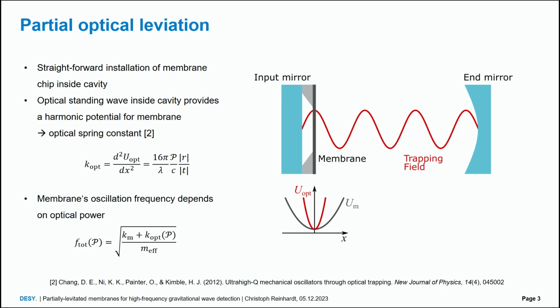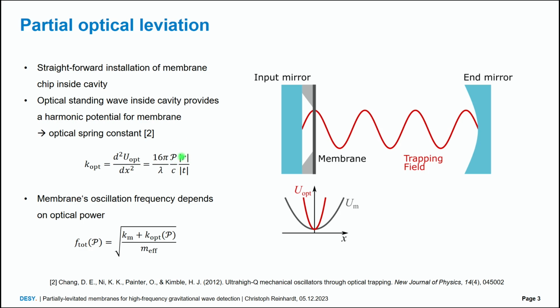And what happens now as we displace the membrane around this equilibrium position, or as the membrane oscillates, is that there is this harmonic potential acting, and we get a restoring force. So by the optical forces itself, the membrane would oscillate. Related to this, we have this optical spring constant, which is given by the second derivative of this potential.